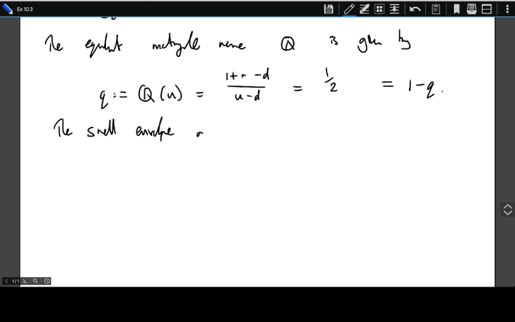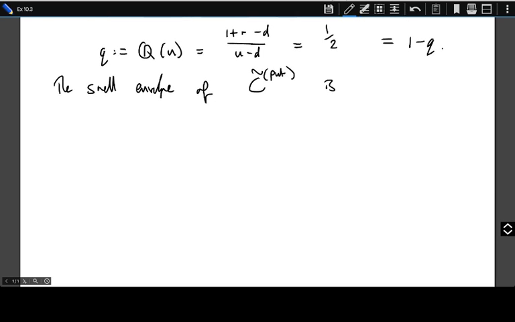The Snell envelope of the discounted option, which once again I'm going to neglect to write the put notation, but it is supposed to be there, has value, well, at the terminal time, just has the value of the discounted option, which is the value of the option itself divided by the value of the risk-free asset at that time.